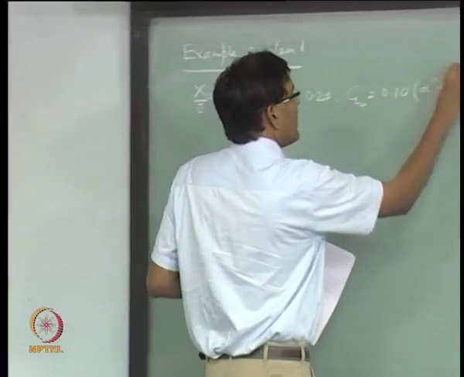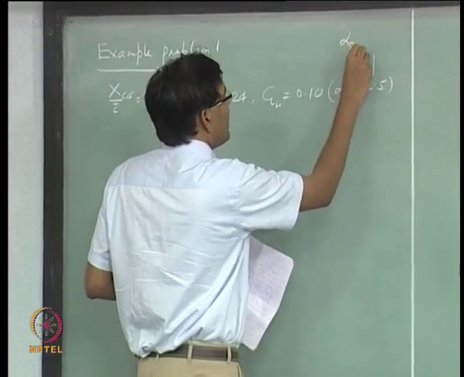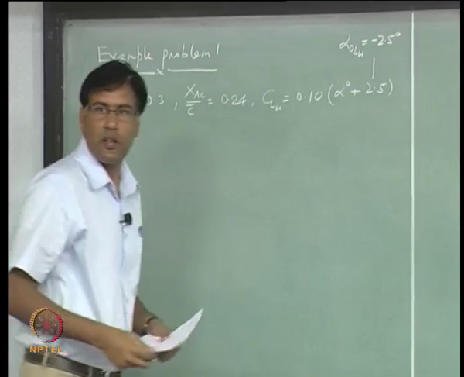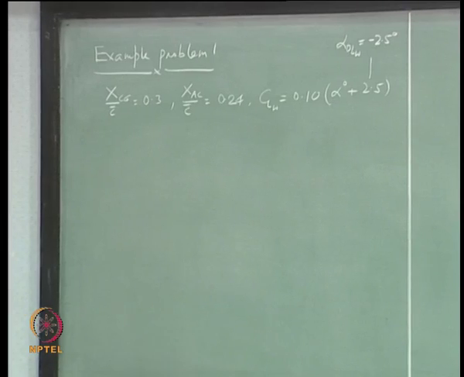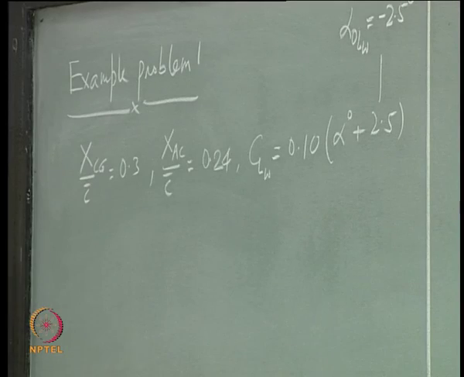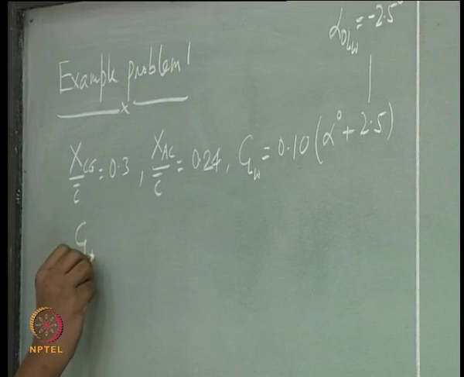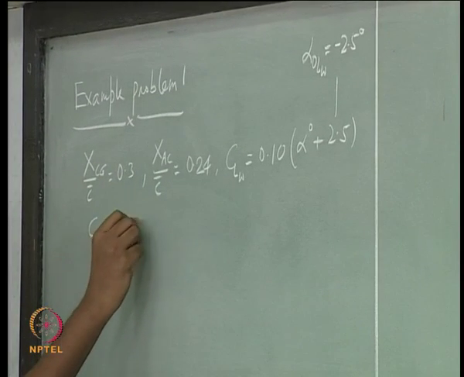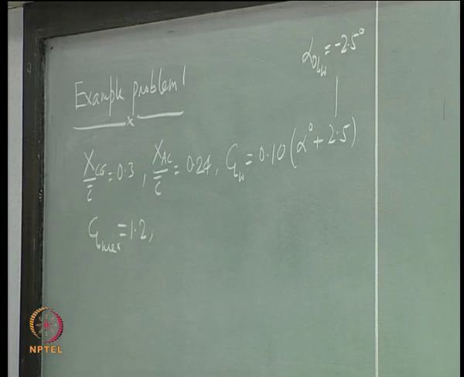Alpha zero lift, the zero lift angle of attack of the wing, is minus 2.5 degrees. CL max is given as 1.2, and there is a CL max what you get.